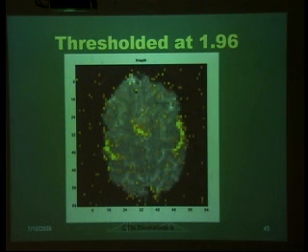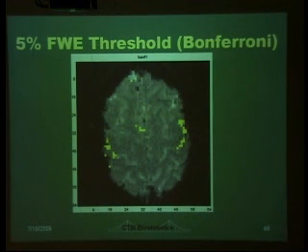This is a 64 by 64 image, so there are 4,096 tests. And when you threshold at a 5% level, even if there's nothing going on in the brain, you'd expect 5% of them to be falsely rejected. If we do a Bonferroni adjustment here, you can see it gets rid of essentially all of those false positive signals.